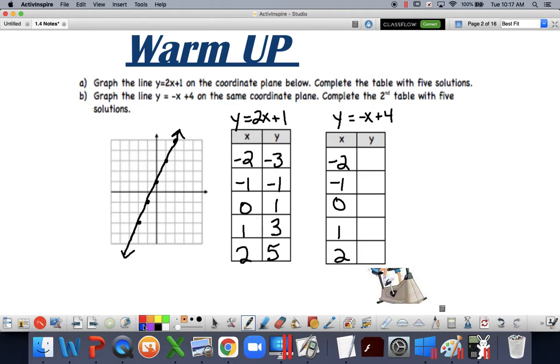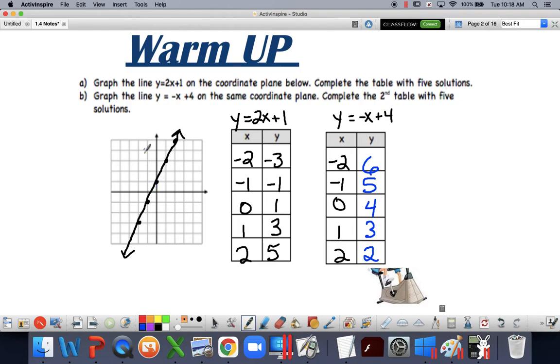Now for our next one, I'm going to do the same thing. If I plug in a negative 2, and then I make it negative, or the opposite, it becomes positive. So I get 2 plus 4, that gives me a 6. I'll do the same thing for these other points. I then go ahead and plot these as well.